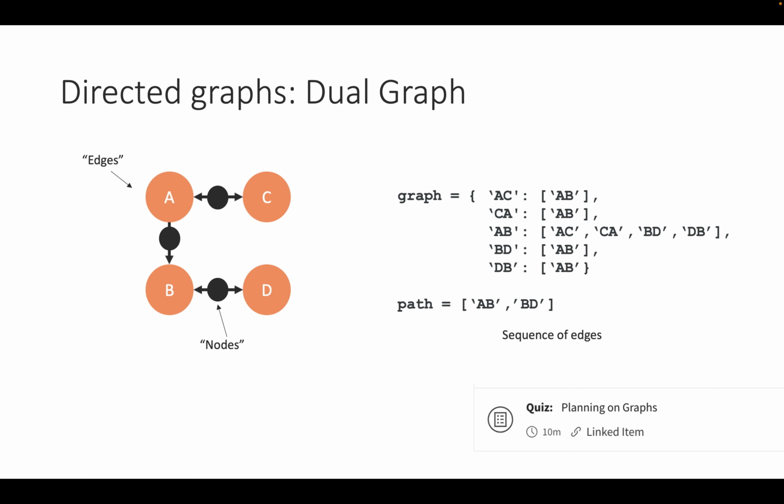And so you see I can generate one representation from the other. The reason I show this here is because the dual graph has a little more intuitive interpretation for the path, which is now a list of actual edges. So in order to get from A to D, I have to first use edge AB, and then I have to use edge BD.